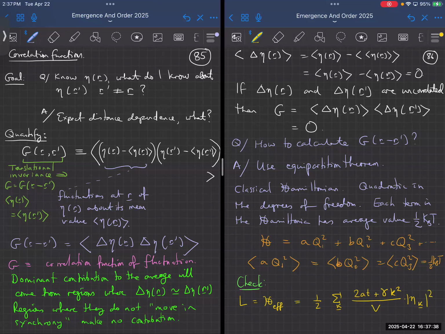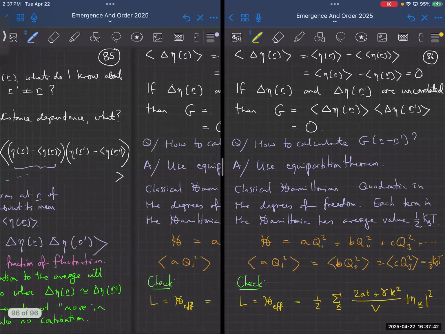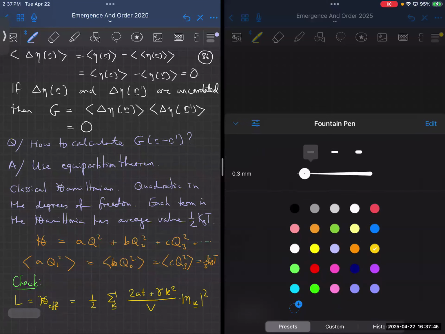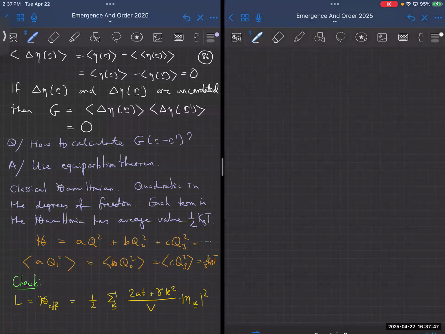That's it. That's our Hamiltonian. So this is quadratic, so I know straight away that every term has expectation value equal to a half kBT.